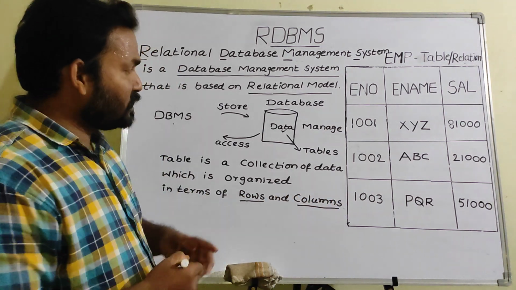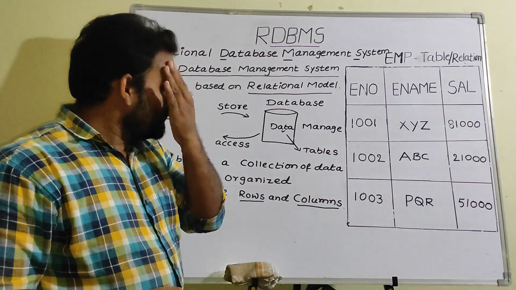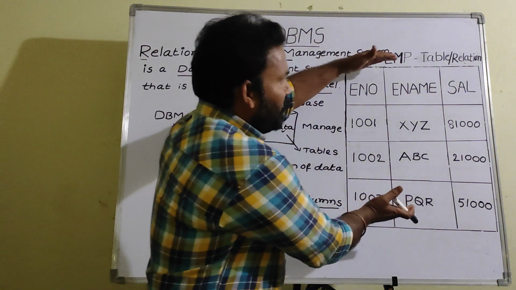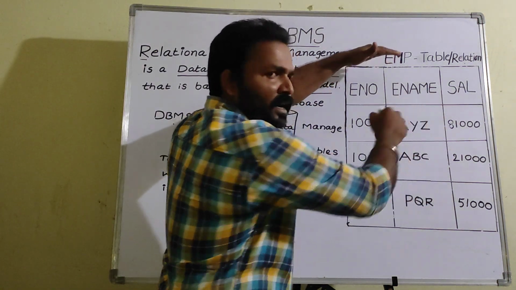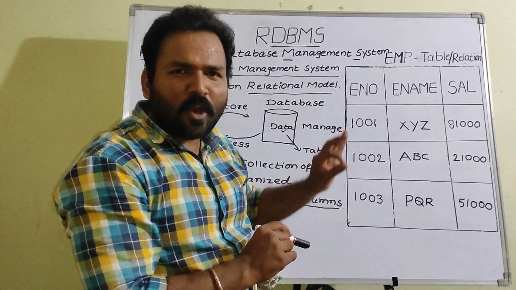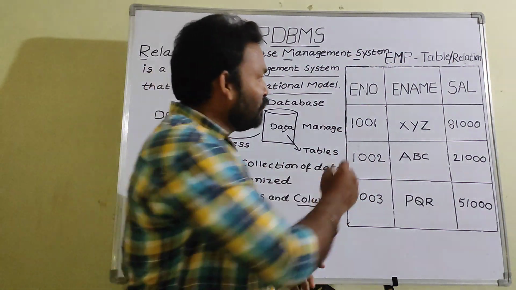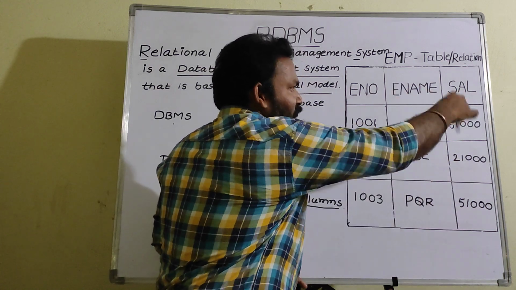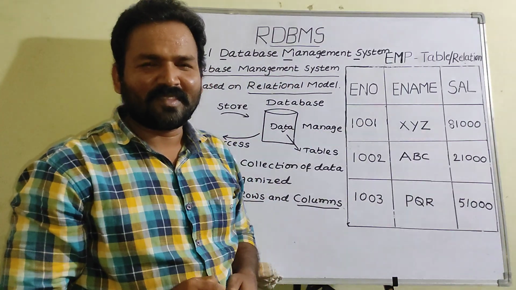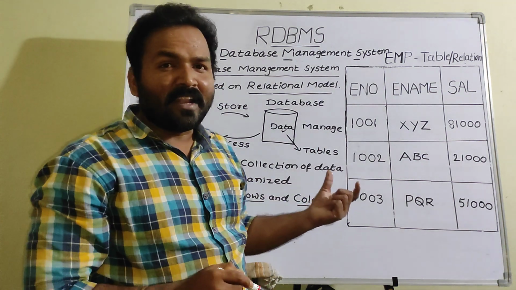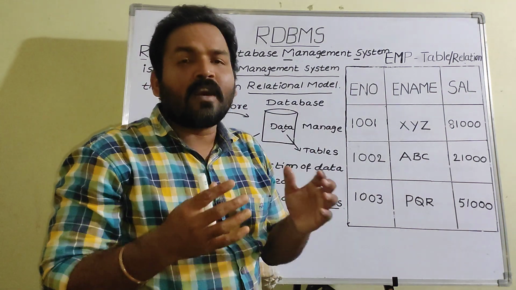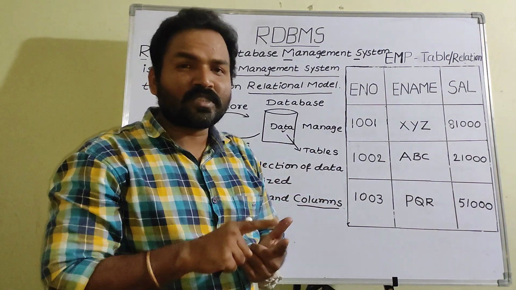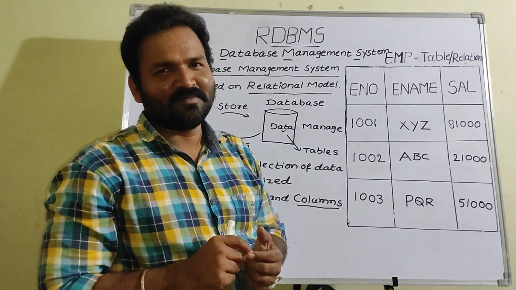Right. So what is a table? Table is a collection of data which is organized in terms of rows and columns. Okay, table is the combination or collection of rows and columns.